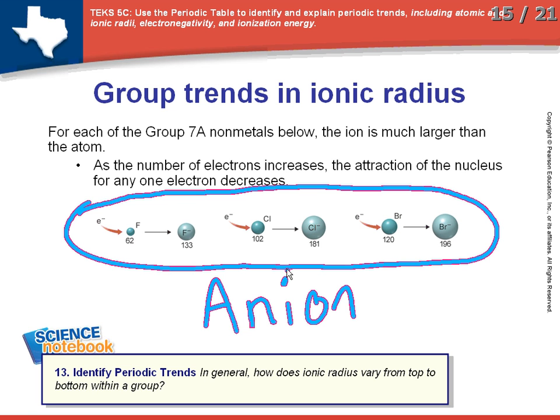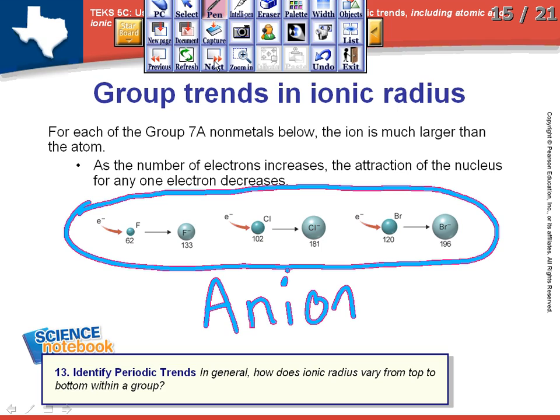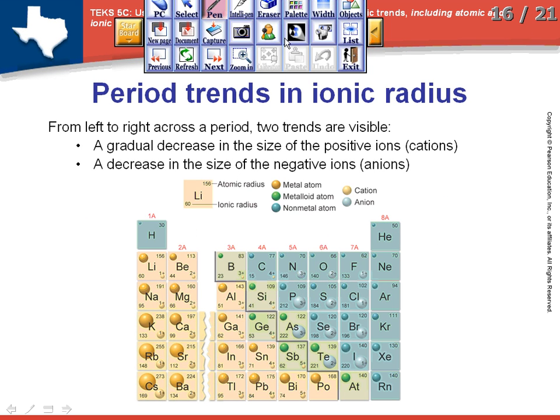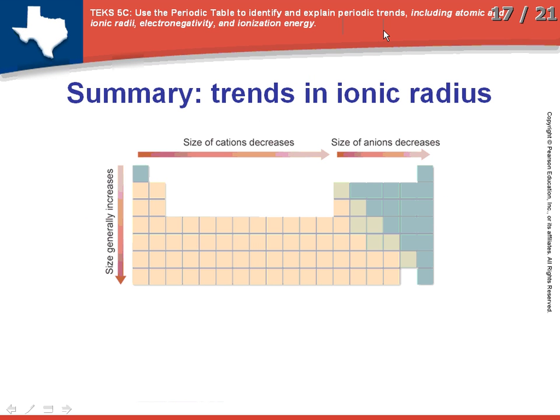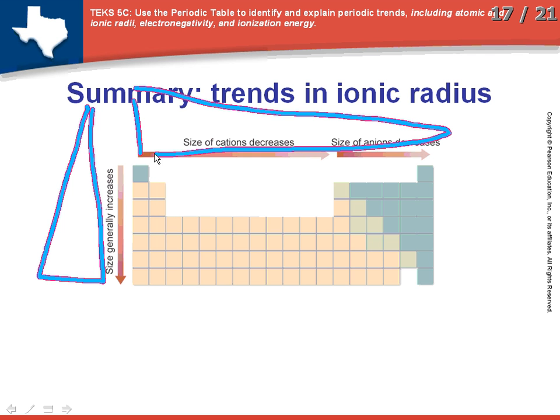Same thing with electrons. The more electrons you add to an element, the harder it is for the nucleus to get a grip on it. And the trends in ionic radius kind of follow the same as atomic radius. It increases in general top to bottom, and it decreases left to right.